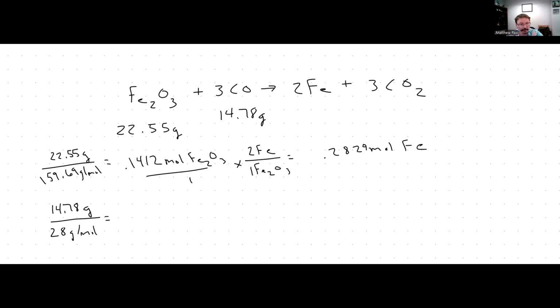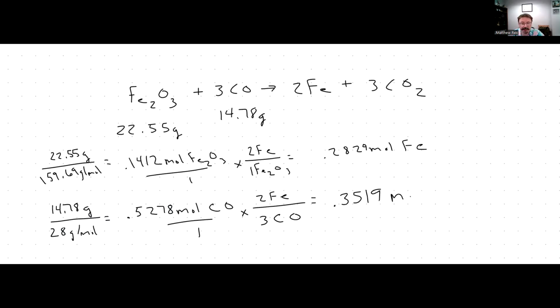And we get 0.5278 moles of CO. And we're going to multiply that by the ratio of the same product to this, which is 2/3, which gives us 0.3519 of iron.